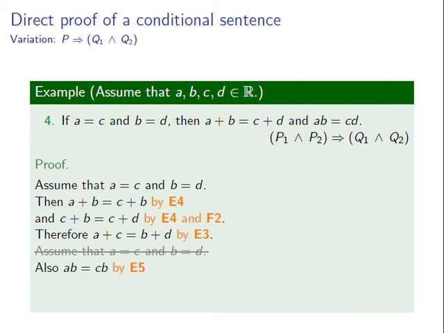This time, applying the multiplication property of equality to the statement A equals C gives us A times B equals C times B, and applying it to B equals D together with the commutative property of multiplication gives us C times B equals C times D. Hence, by the transitive property of equality, A times B equals C times D. This completes the second part of the proof and completes the proof of the claim.